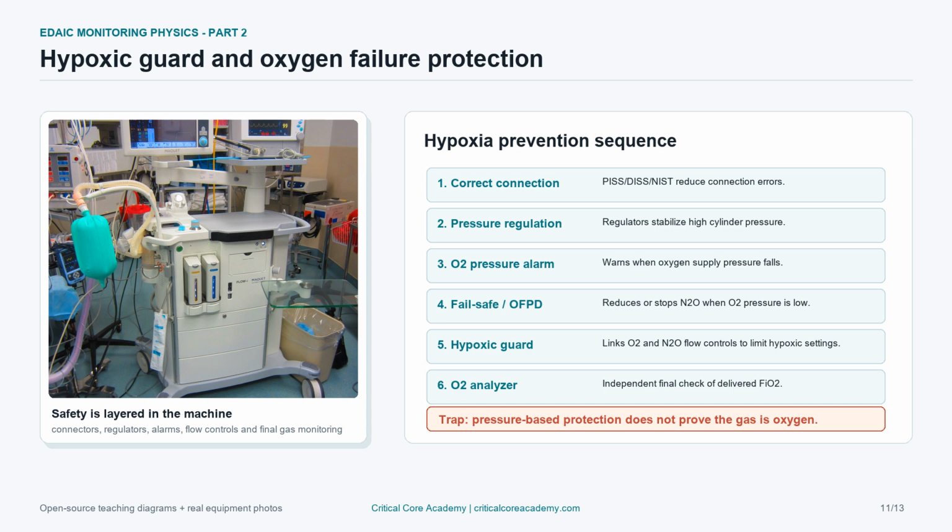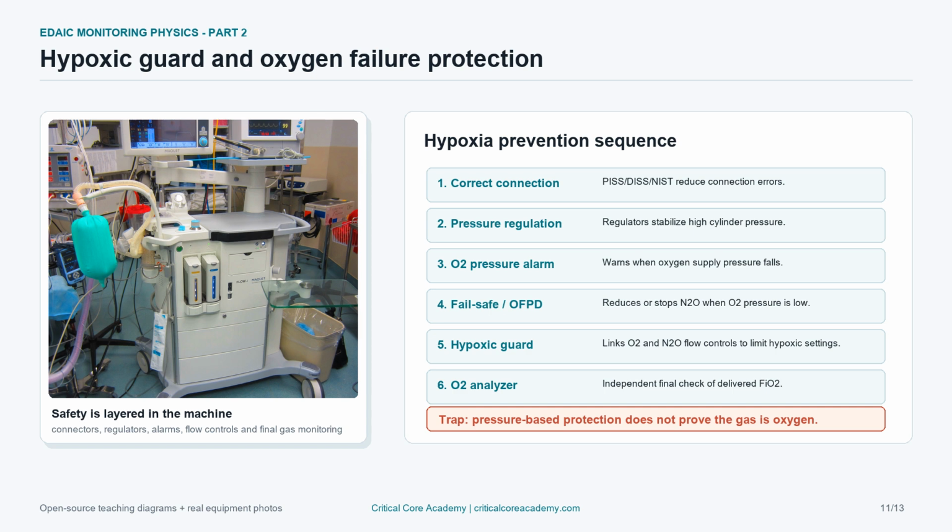Oxygen failure protection devices, sometimes called fail-safe valves, reduce or stop nitrous oxide flow when oxygen pressure is too low. But notice the limitation. A pressure-based fail-safe device responds to oxygen pressure in the oxygen line. It does not chemically prove that the gas is oxygen.